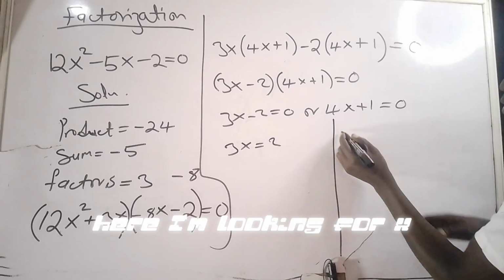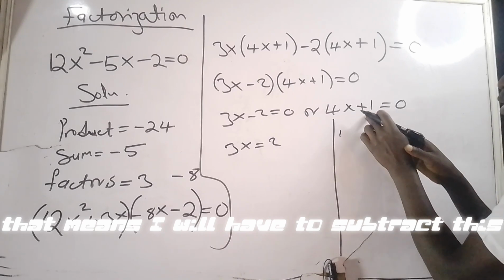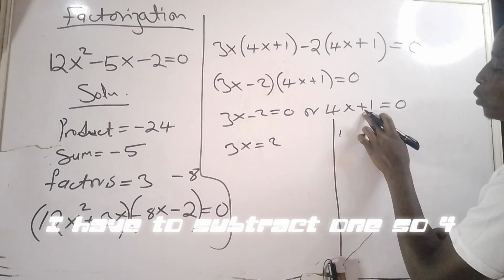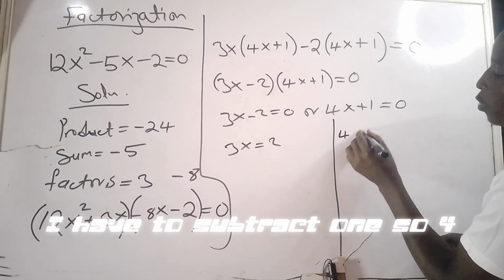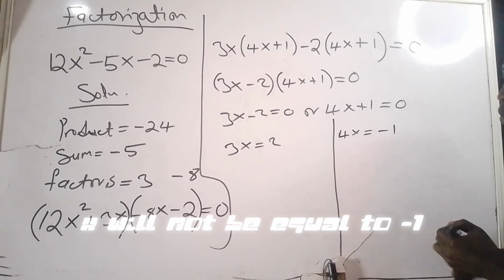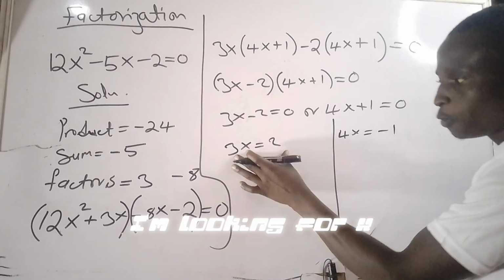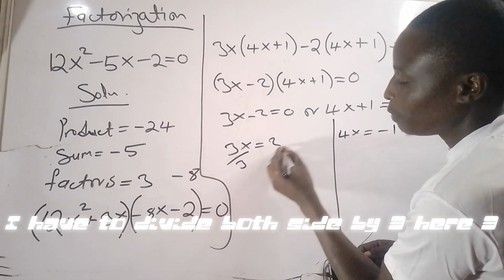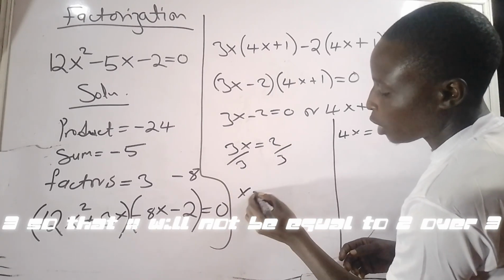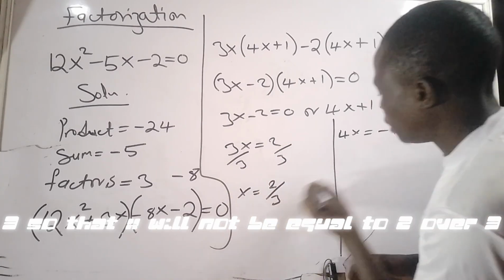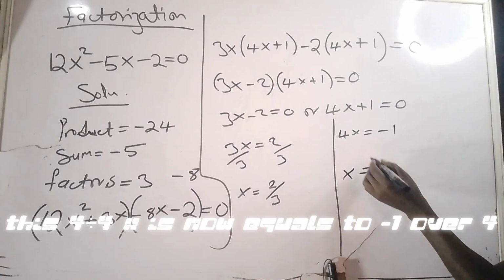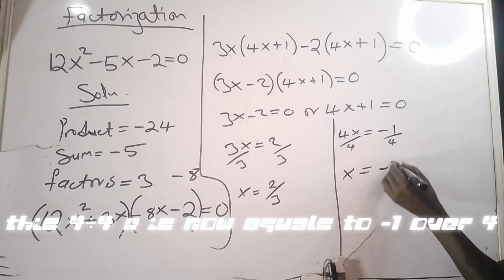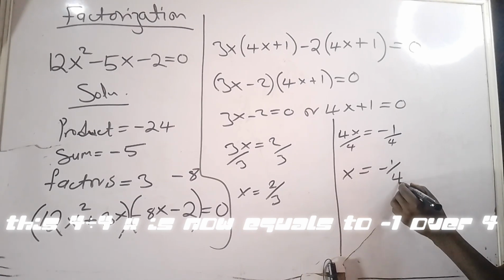Here, I'm looking for x, so I subtract 1 from both sides. So 4x will now be equal to minus 1. I divide both sides by 3 here, so that x will be equal to 2 over 3. Dividing by 4 here, x will be equal to minus 1 over 4.